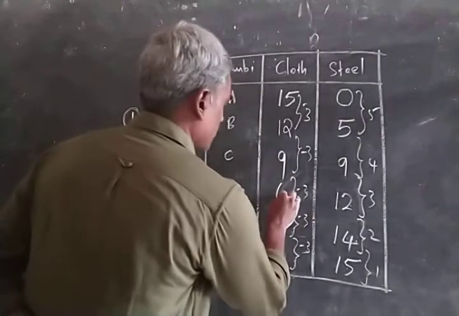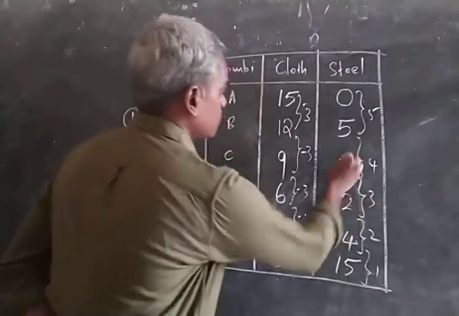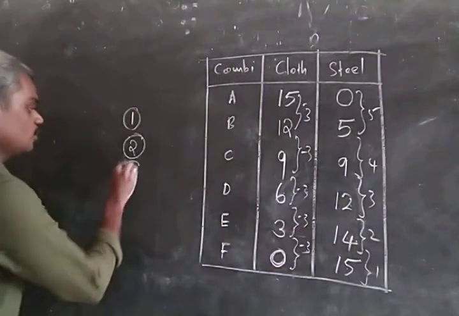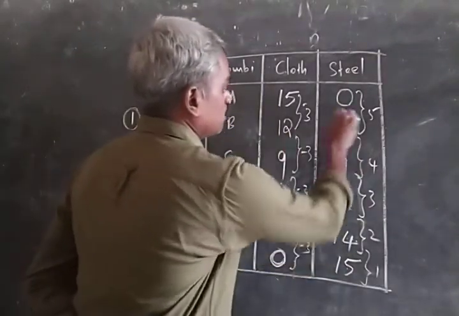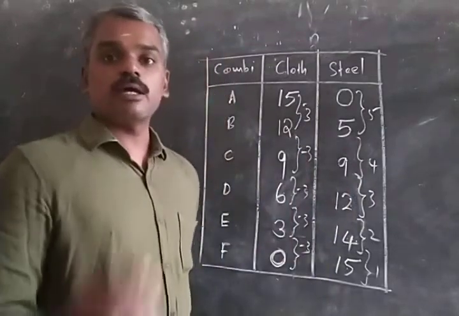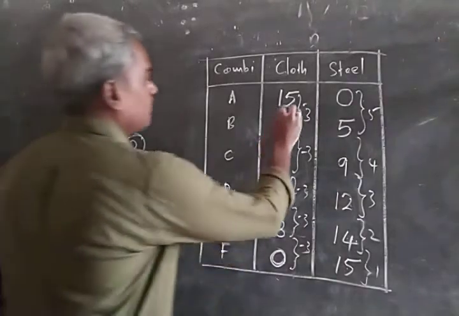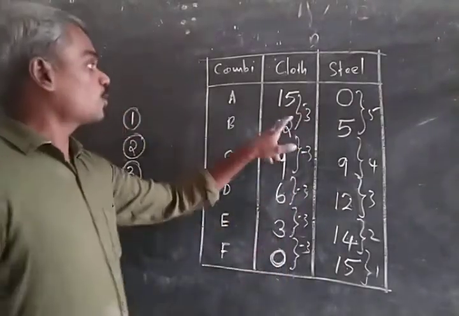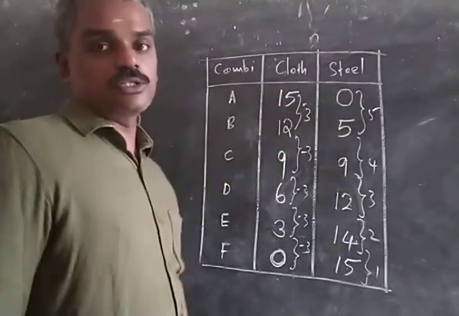Then you are increasing production of cloth from 6 to 9. Production of steel falls from 12 to 9. 3 units have to be given up. Now 9 to 12, production of steel falls from 9 to 5. 4 units are given up. And finally, when you are increasing production of cloth from 12 to 15 units, you have to give up 5 units of steel.